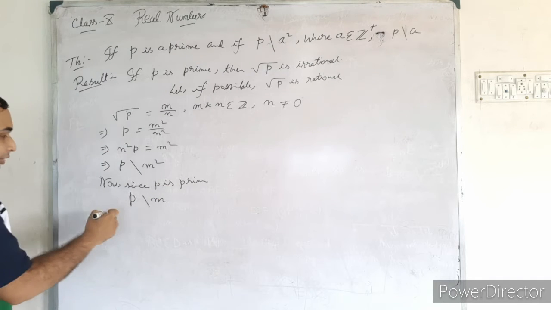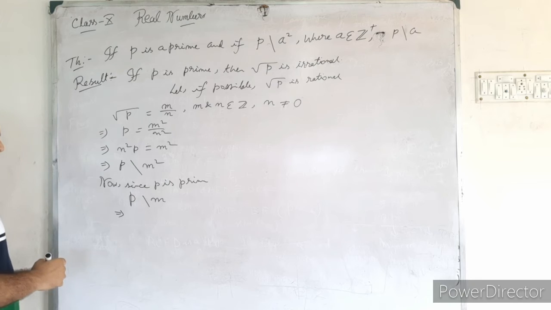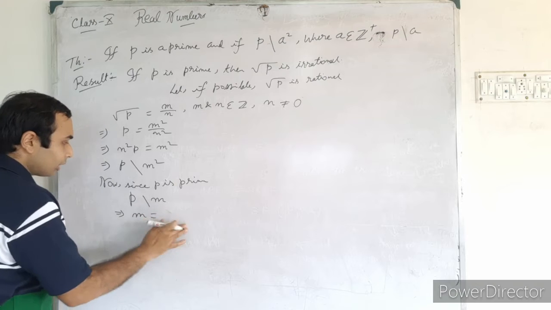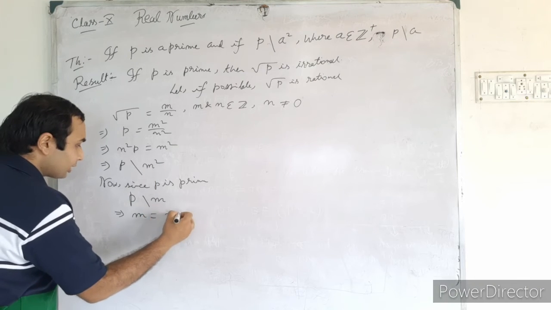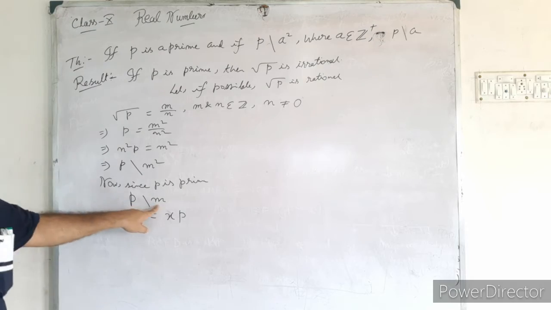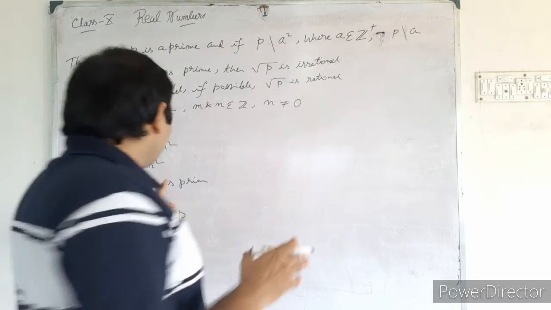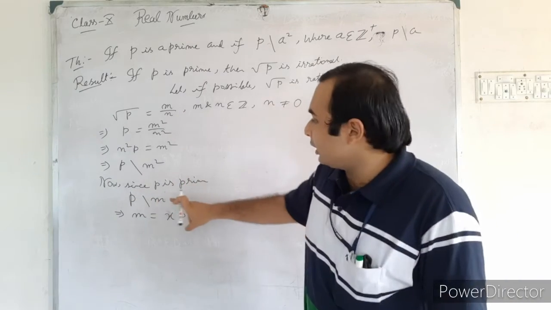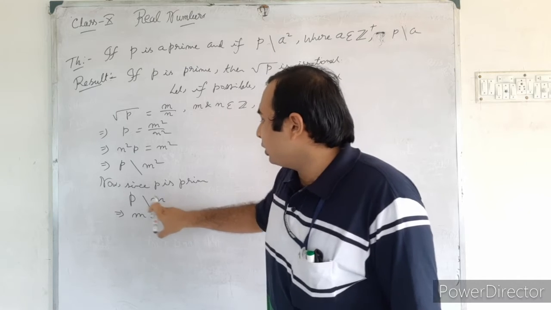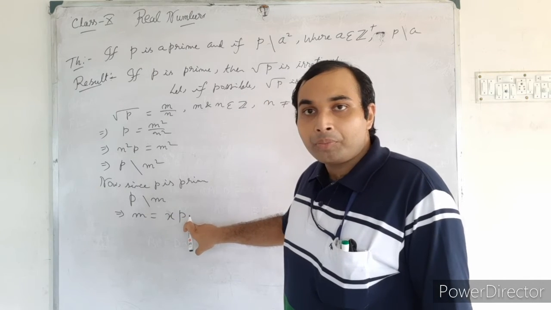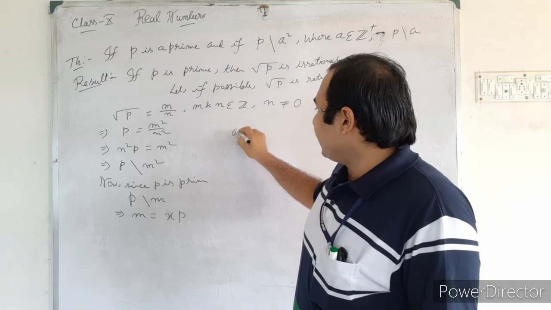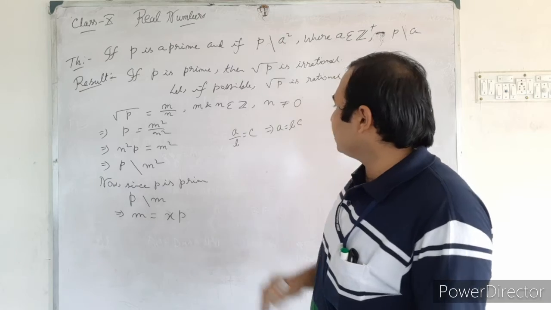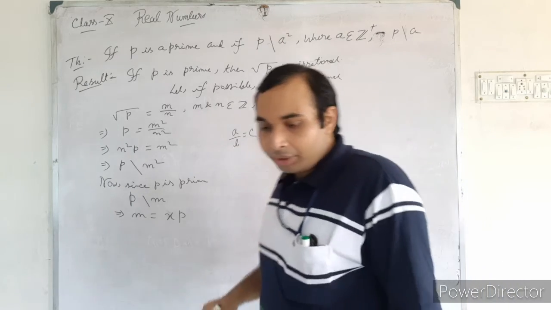Whenever P divides m, we can definitely say m equals xp. That is, P divides m with full division, no remainder, so m will be some number into P, like a by b equals c, so a equals bc.